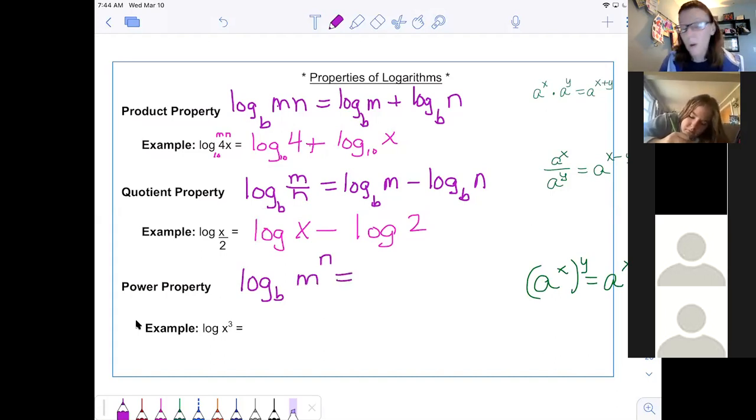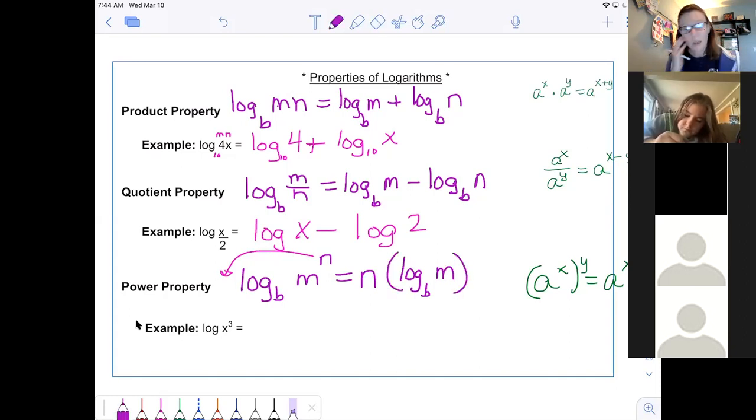This still becomes multiplication, but that exponent is going to travel in front and become multiplication in front of the log. So it's going to be n times the log base b of m. Or maybe we'll put parentheses around this to make it look a little better. So it's multiplication, but the exponent moves in front of the whole log to become multiplication.